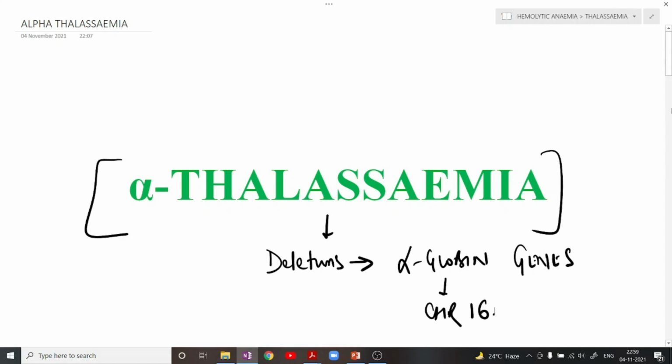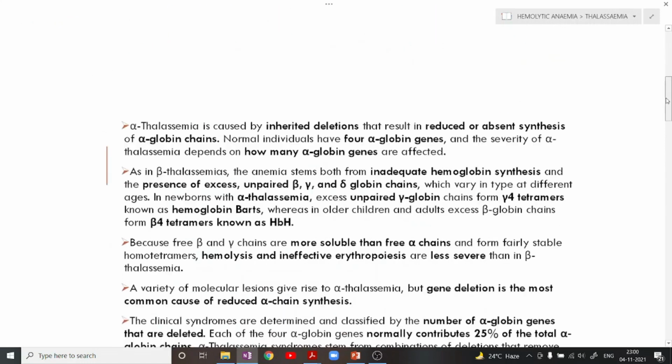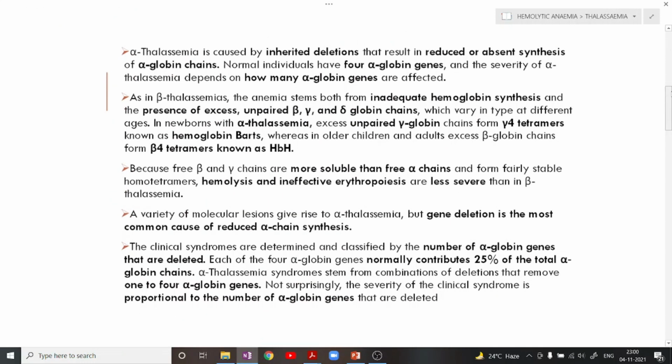Alpha thalassemia is basically caused by a genetic alteration leading to deletion, and that results in reduced or absent synthesis of the alpha globin chain. Normally, as we saw, there are 4 alpha globin genes, and the severity of alpha thalassemia that a patient develops will depend on how many alpha globin genes are affected or deleted.